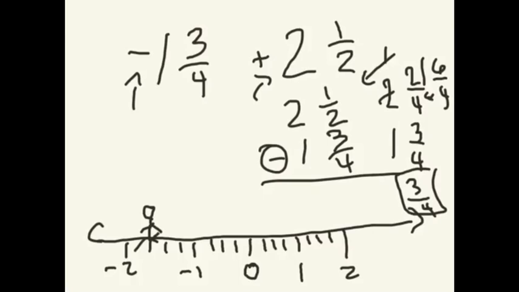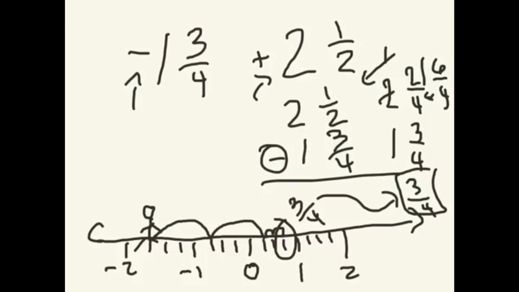So 1 whole space gets me to -3/4, and another whole jump gets me to 1/4. Now I'm at 1/4 and I need to go 1/2. So 1/2 is really 2/4, 1, 2, and I end up at 3/4, which is what I got when I did my math.